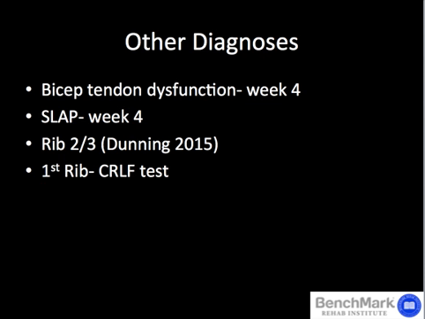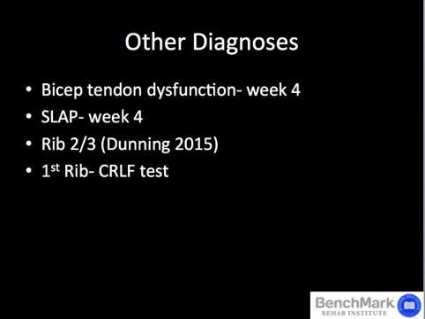So some other diagnoses that I think are relevant that we didn't really talk too much about. We have bicep tendon dysfunction, SLAP lesion. Those things will come up in week 4, so hold tight on those. We brought up a recent Dunning article about causing posterolateral shoulder pain.